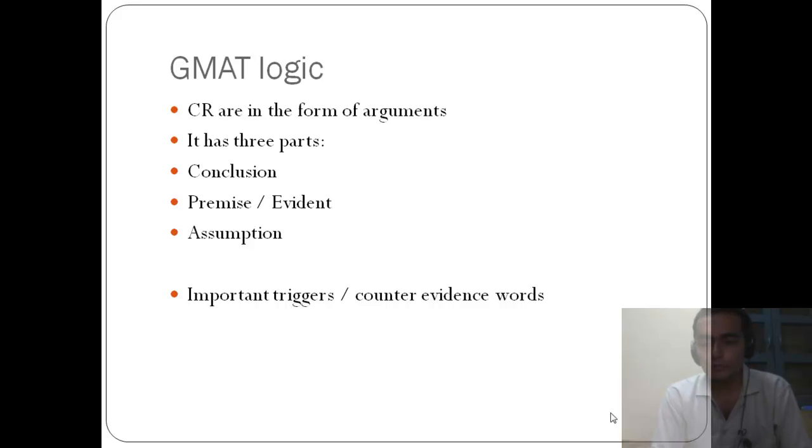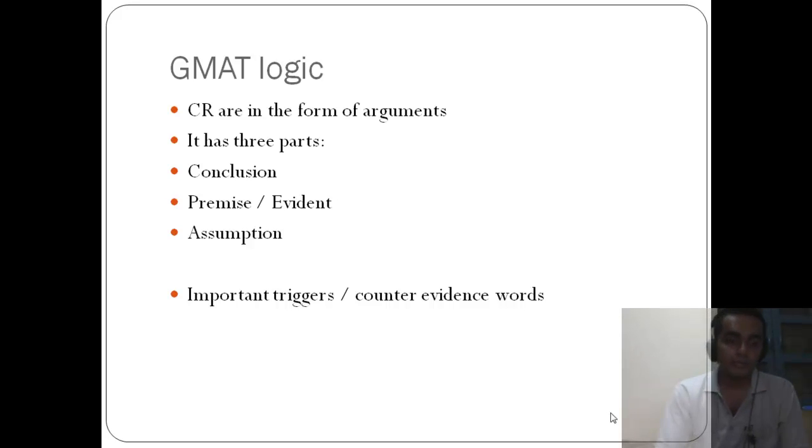It has a conclusion, which is the final thing, and a premise, which is the evidence, which is clear or known to all, and there are some assumptions which the author makes to conclude something. The hint for us is the triggering words, the adjectives, the shade words, the understanding of diplomatic language, and we are going to come to all of them slowly, one by one.